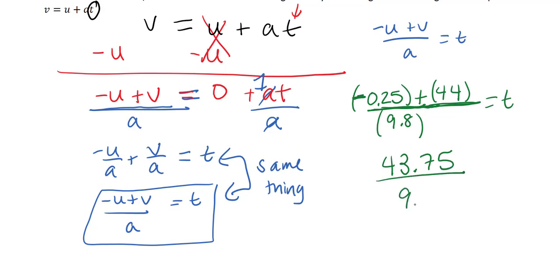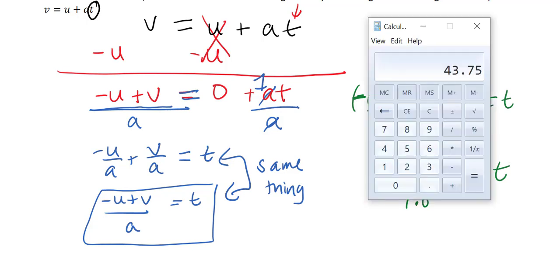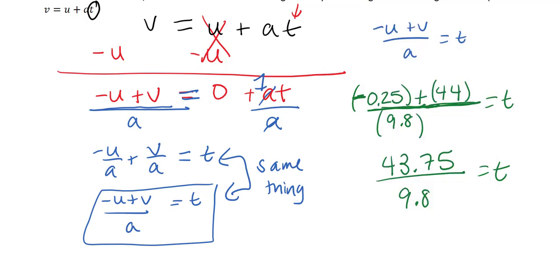Then we divide it by this 9.8, which gives 4.464, and then continues on. So let's just round to the nearest hundredth, which would then be 4.46 seconds.